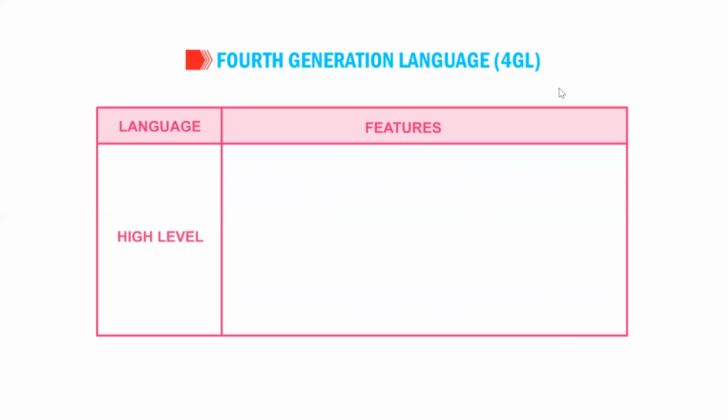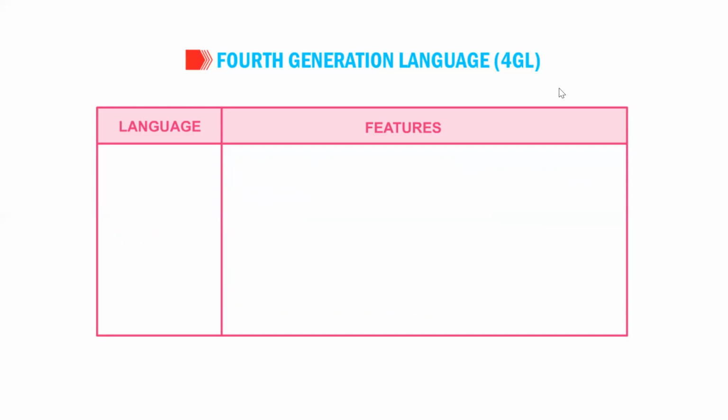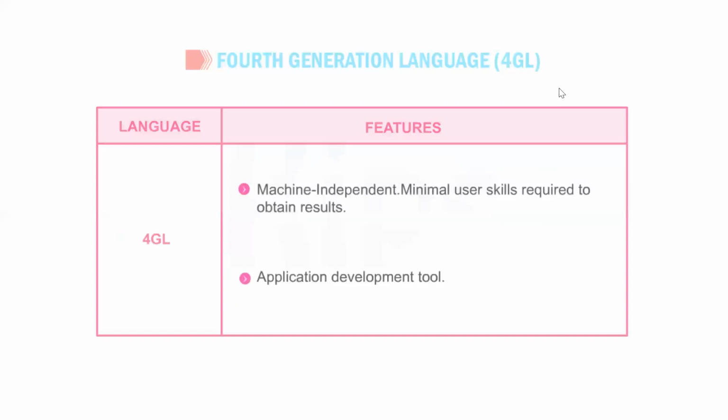High level: uses English words and mathematical operators. Machine independent, has to be converted into machine language by translator programs, interpreters and compilers. 4GL: machine independent, minimal user skills required to obtain results. Application development tool.